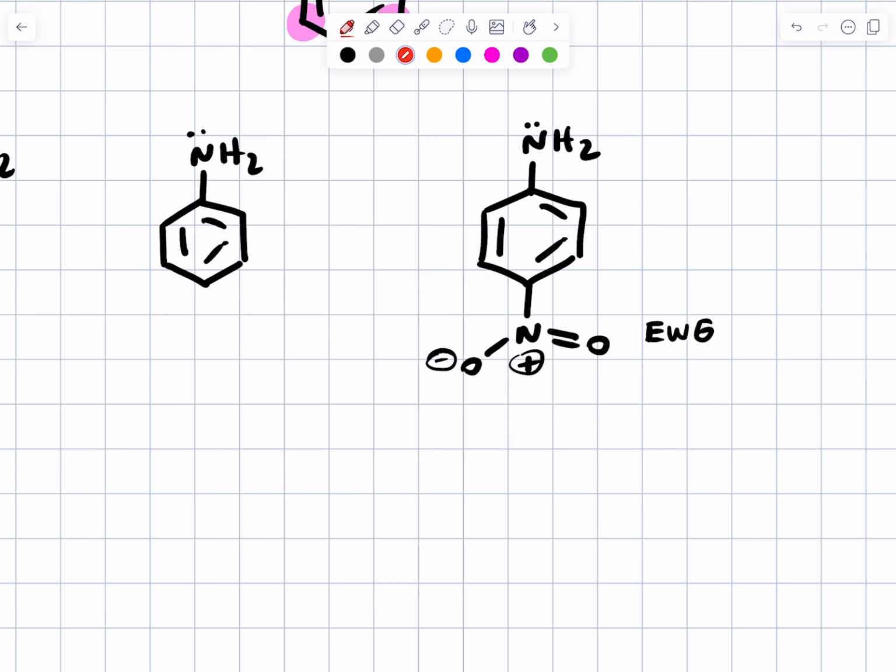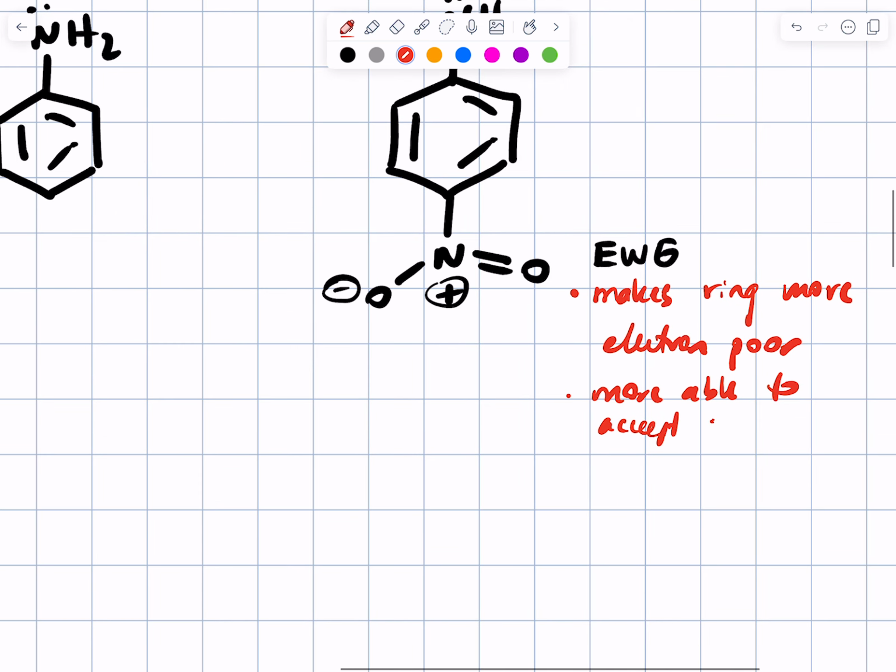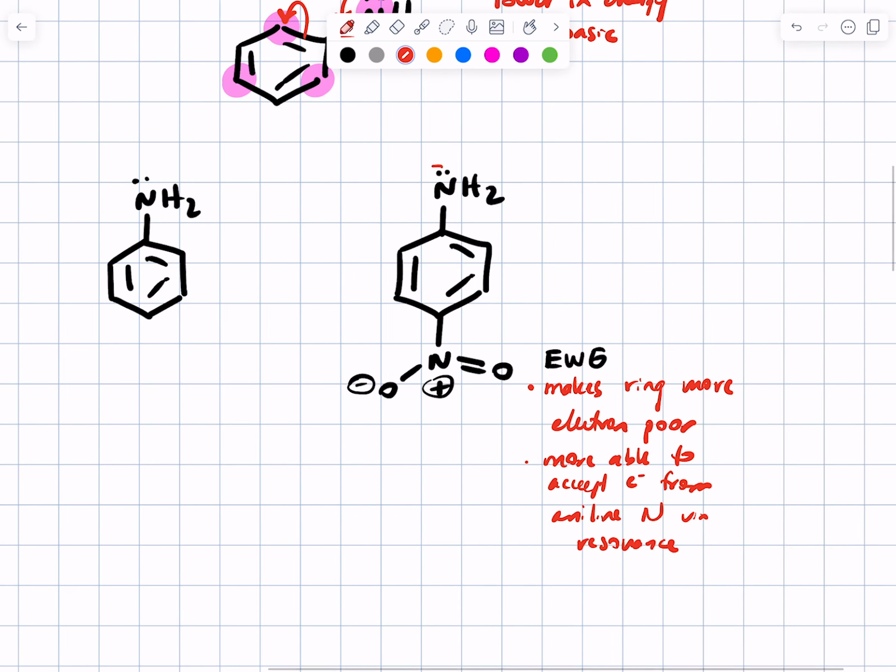The electron withdrawing group makes the ring more electron poor, which makes it more able to accept electrons from the aniline nitrogen via resonance. And you can actually draw that process happening.